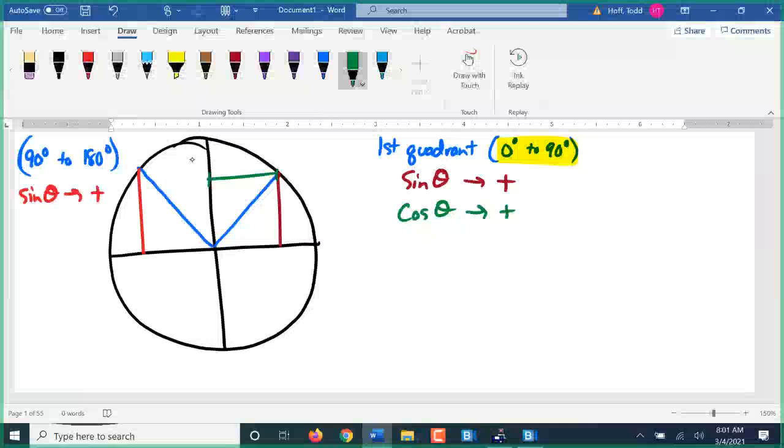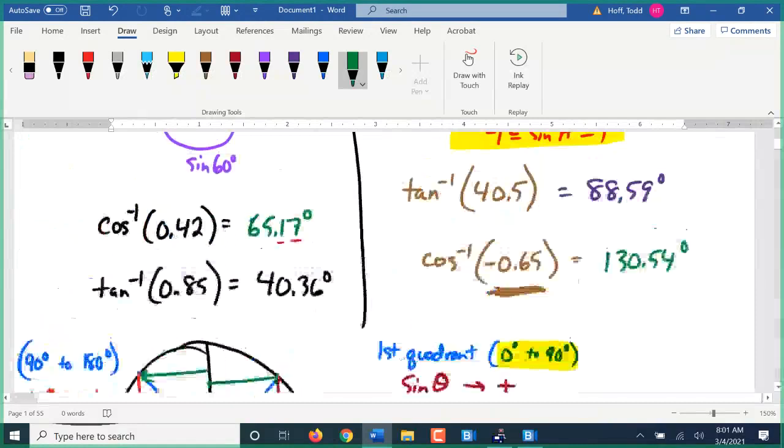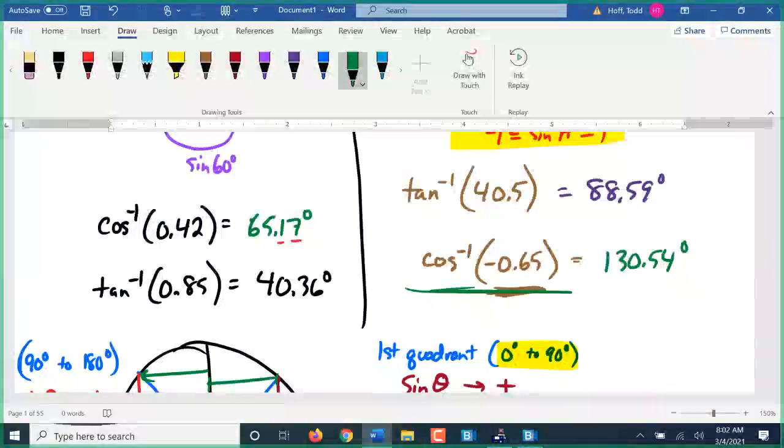The cosine, however, goes to the left of that vertical axis, so the cosine there is negative. That's why when we did an inverse sine of a negative 0.065, we knew we were going to get an answer between 90 and 180 degrees.